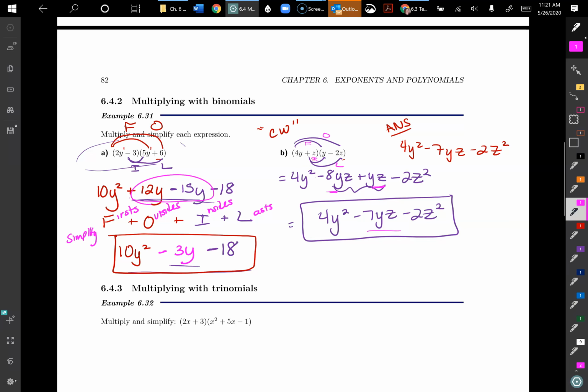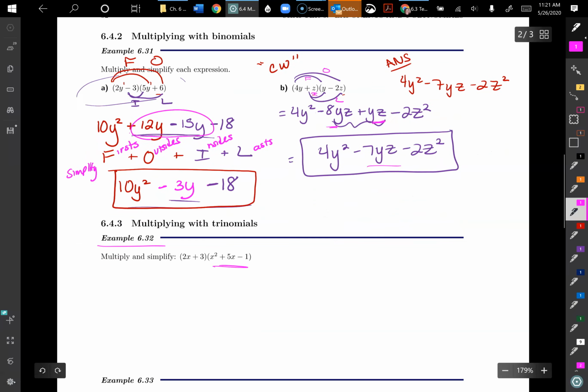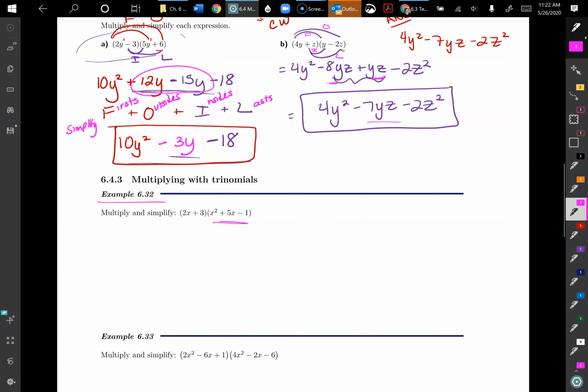But what we're doing is distributing every term to every other term in the other binomial. So every term in one binomial or polynomial, as the case may be, like with this one, has to be taken care of. So this is a little bit trickier. We have a binomial times a polynomial.